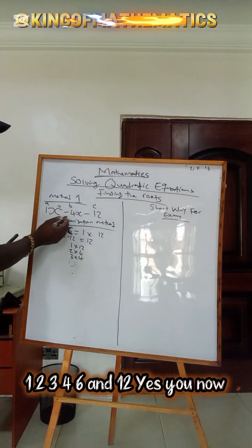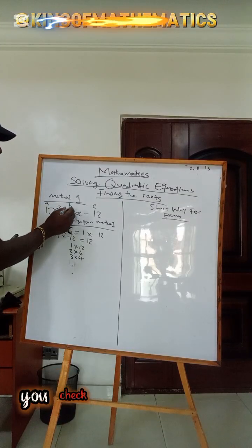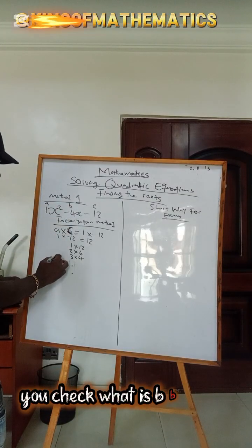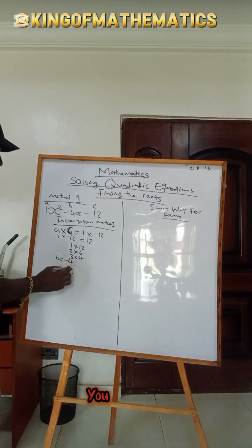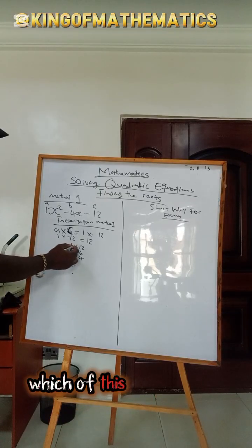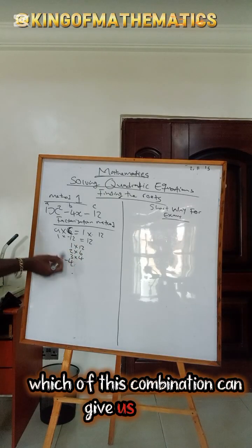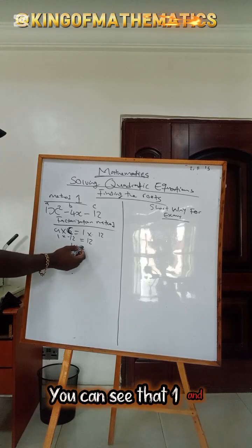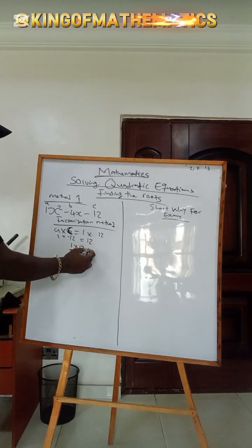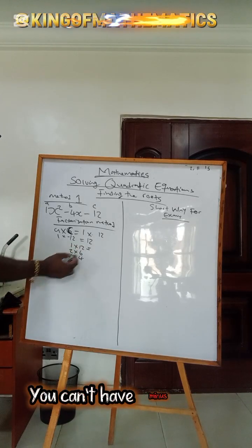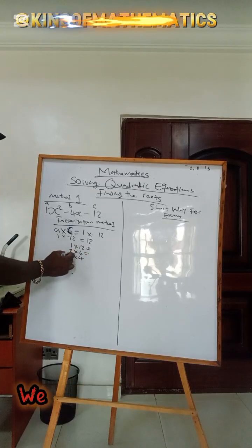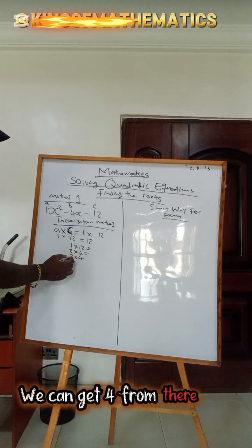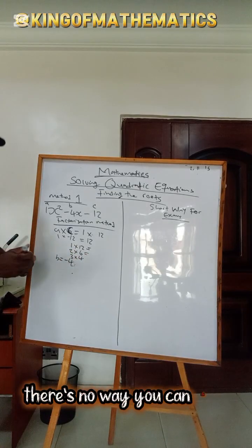Yes, you now go back to your B. You check, what is B? B is minus 4. You now check, which of these combinations can give us minus 4? You can see that 1 and 12, if combined, you can't have 4. 2 and 6, you can get 4 from there. 3 and 4, there's no way you can get 4.